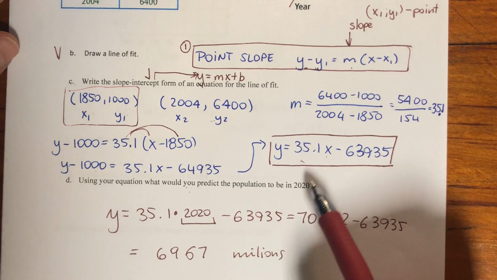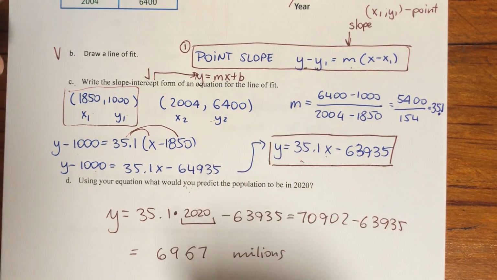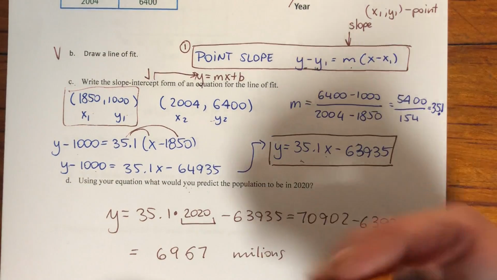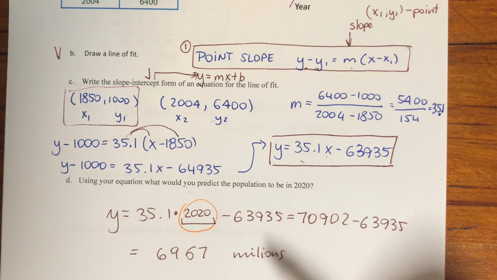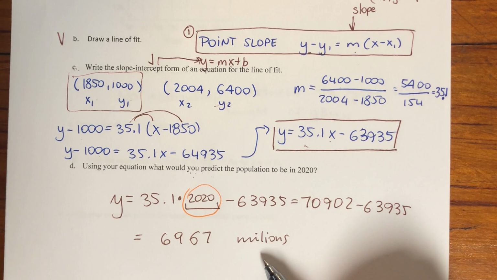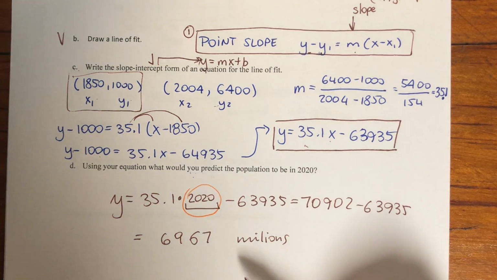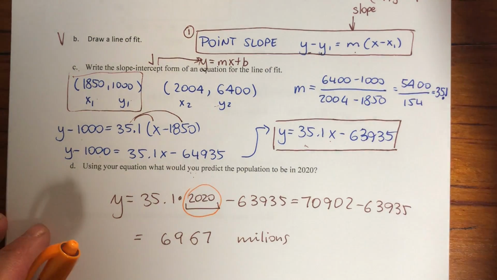So if we want to figure out the population in 2020, I am plugging in 2020 in place of x. And again, I put everything into the calculator, and my answer is 6,967. Keep in mind that this was in millions, so that would be 6,967 million.